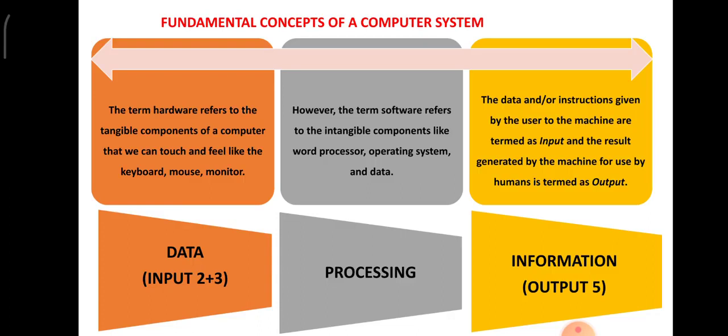You press 2 and you press the plus symbol and then you press 3. These are the inputs through the keyboard, and soon after that, what is processing? Processing is addition is involved here. So the processor takes that 2 and 3 as input and it invokes the addition process. Once the addition is made, finally the output of 5 is shown on the monitor, which becomes information.